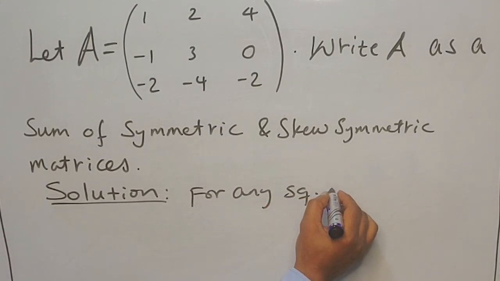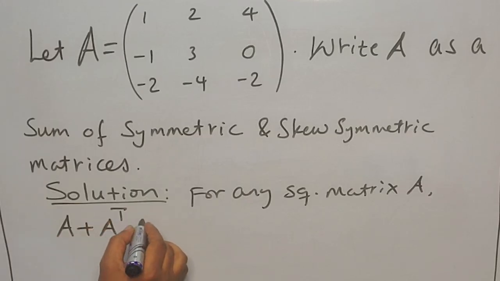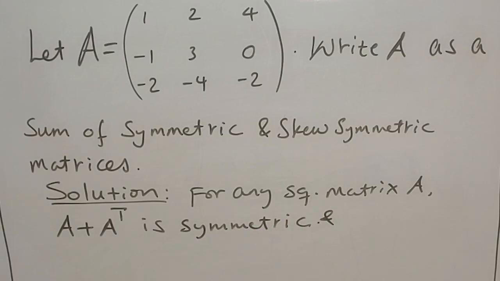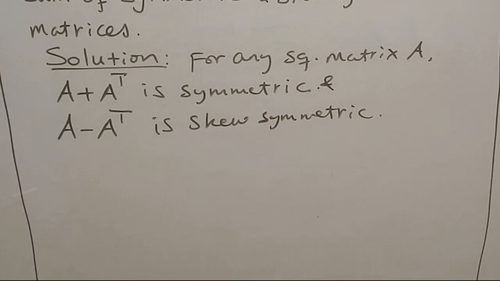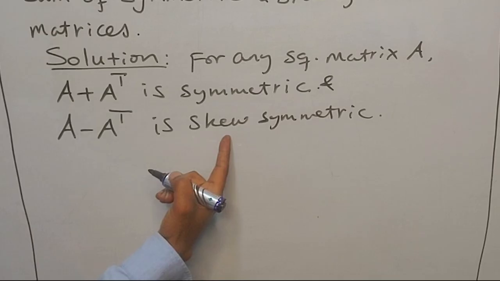Remember, for any square matrix A, we have the property: A plus A transpose is symmetric, and A minus A transpose is skew symmetric. We have this property for any square matrix A. Now we are asked to write the given matrix A as a sum of symmetric and skew symmetric.